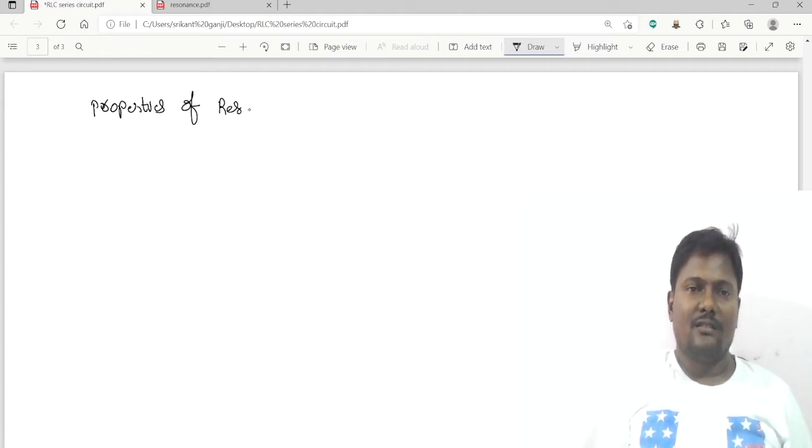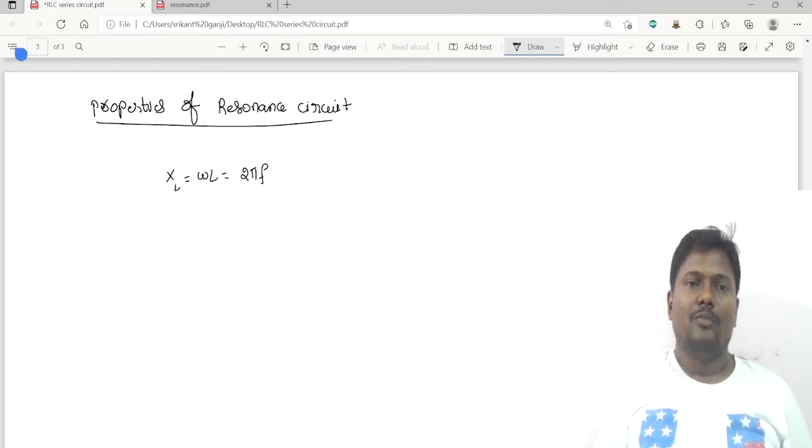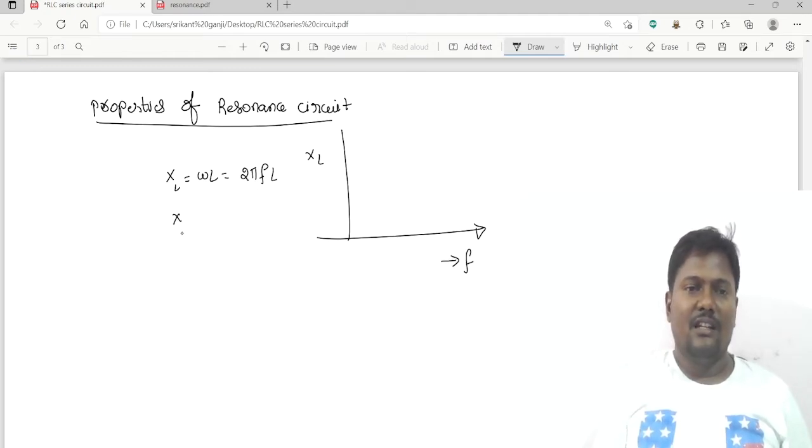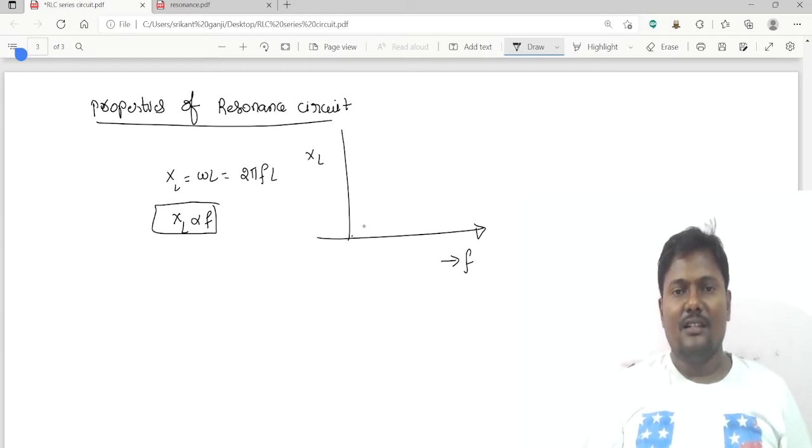Now, the properties of the resonance circuit. The first one: what is XL? XL is equal to omega L, which is 2 pi FL. If you draw the curve between inductive reactance and frequency, XL is directly proportional to frequency, so as the frequency increases, XL increases linearly.